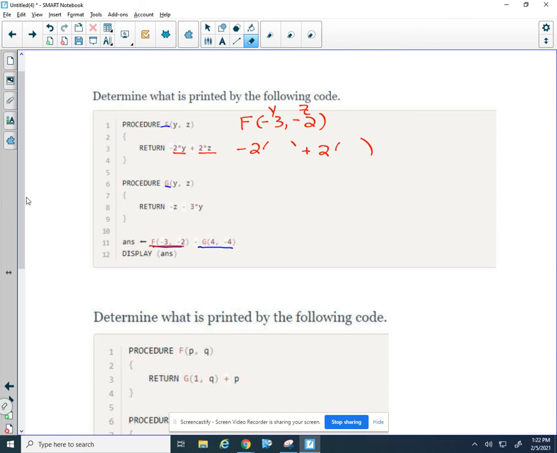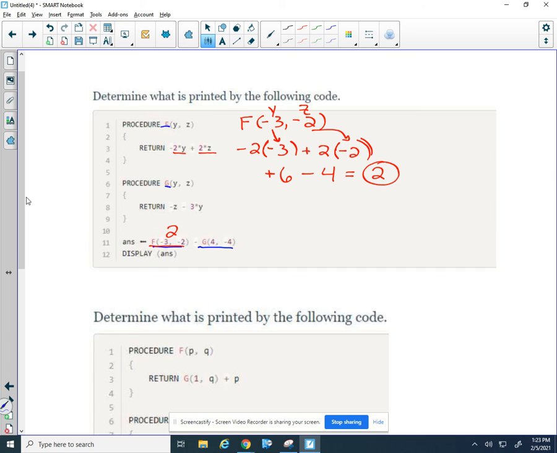And I don't feel like making over the video totally or editing it, so I'm just going to erase this. Okay, so we're doing -2 times Y, which is -3. Z is -2, so I just have to make sure I plug them in the correct spots. So this is positive 6 minus 4 equals 2. So this part evaluates to 2.